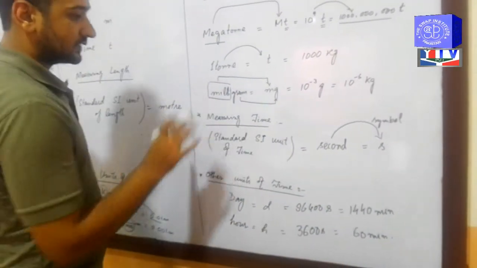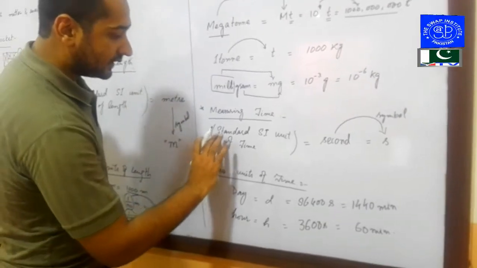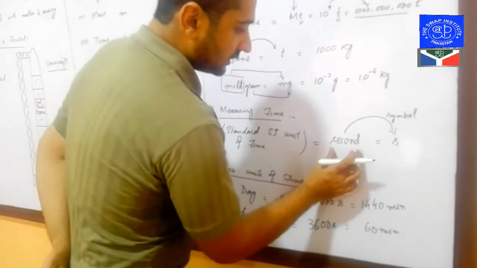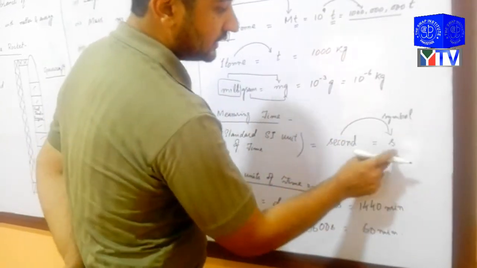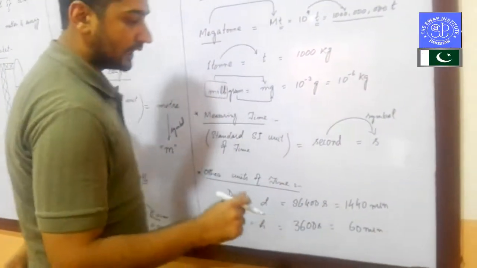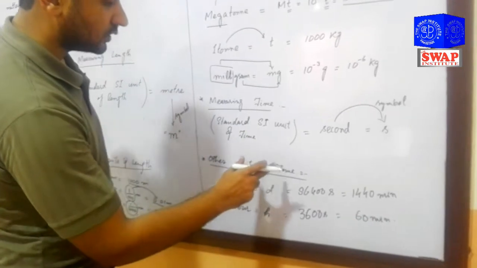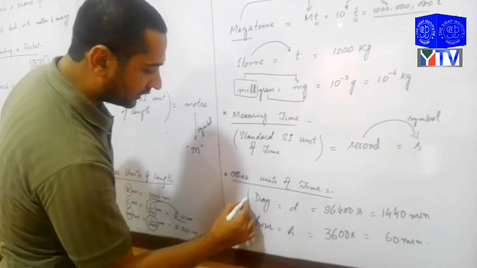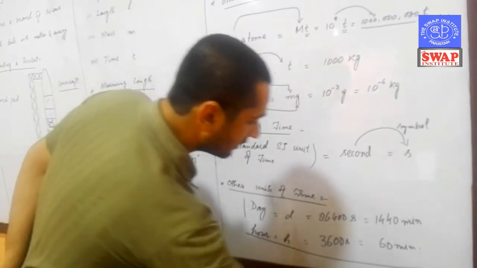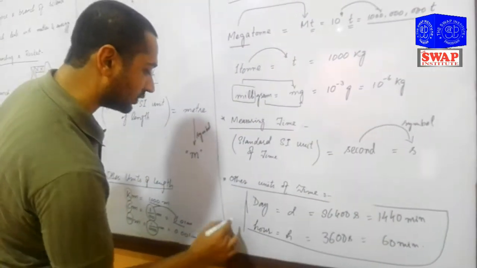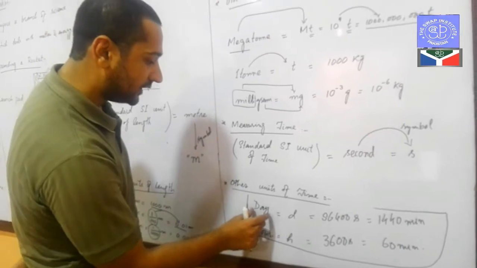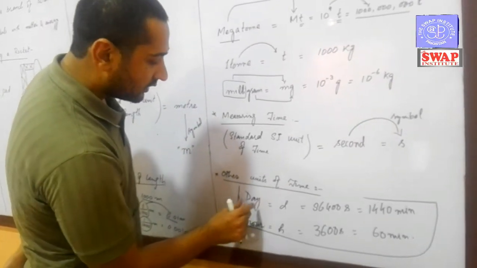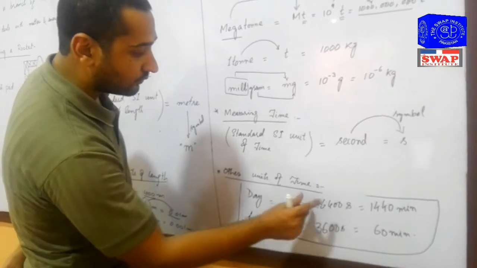Measuring time now. The standard System International unit of time is the second, and the symbol is small s. The other unit of time is the day, and this is a very important thing. This table is very important for MCQs. Basically 1 day is represented by small d, and how many seconds are in 1 day?